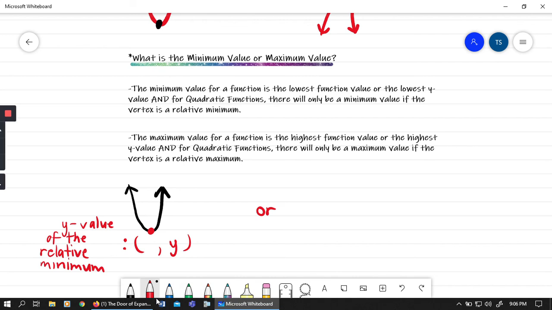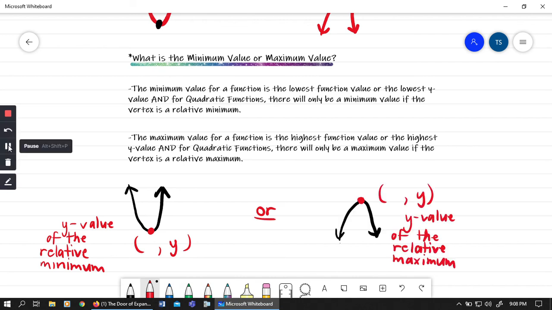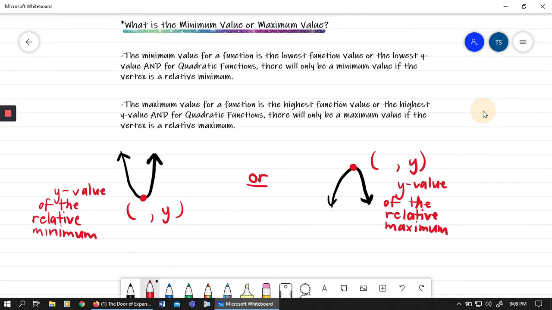Well, folks, I do hope that this has been helpful to you. Well, we've talked about again some of the different types of key features that can be identified based on the standard form of a quadratic function. And again, we've talked about how to identify y-intercepts. And again, we've said that the y-intercept is going to be the value of c.